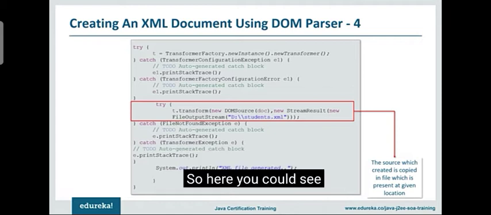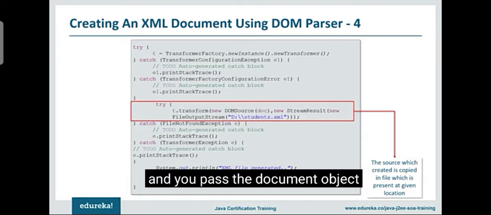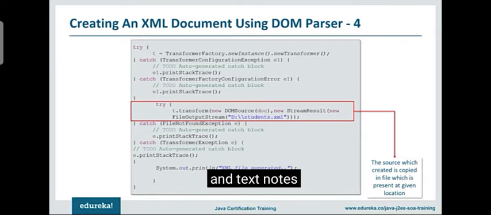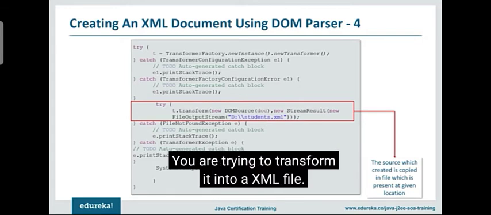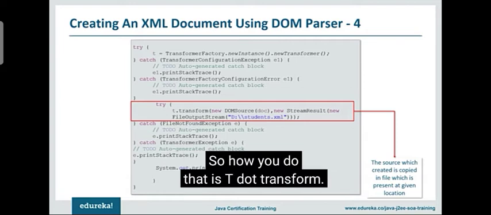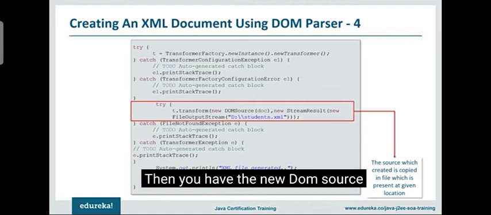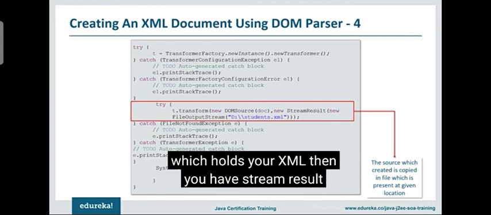So here you could see that you call t.transform, and you pass the document object that you created, with the elements and text nodes and everything, which is holding a valid XML. You're trying to transform it into an XML file. So how you do that is t.transform, then you have new DOMSource, and you specify the instance of document which holds your XML.